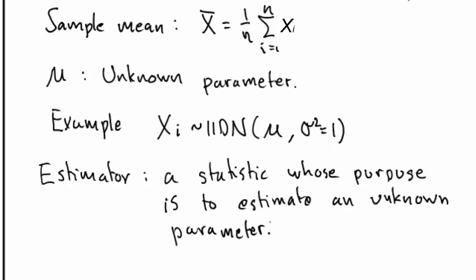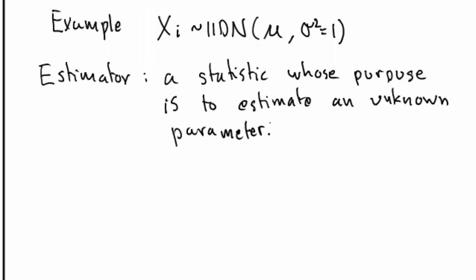And again, that means that an estimator must be a random variable whose value is only known after we perform the experiment. But it's only when we use a statistic for the specific purpose of estimating an unknown parameter that we call the statistic an estimator. So all estimators are statistics, but not all statistics are estimators.